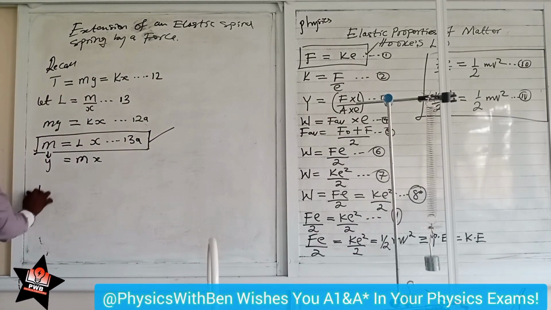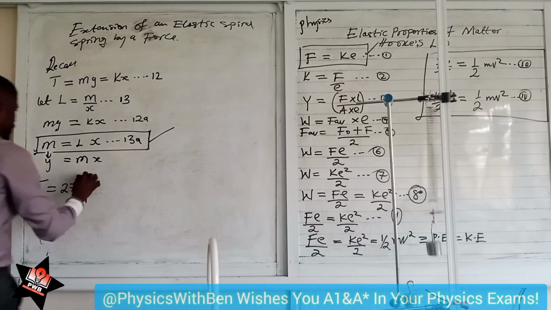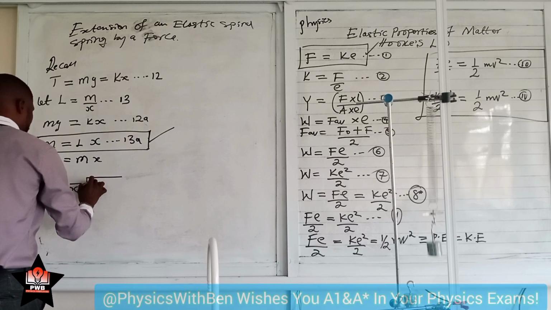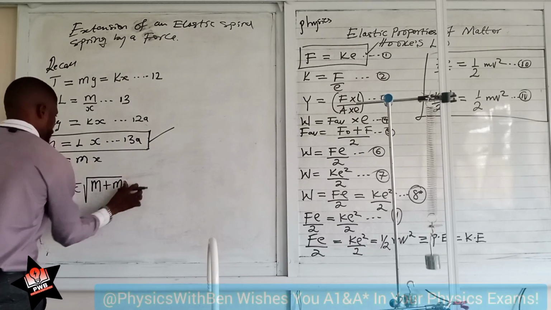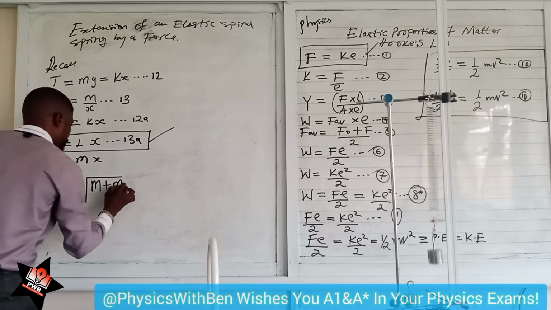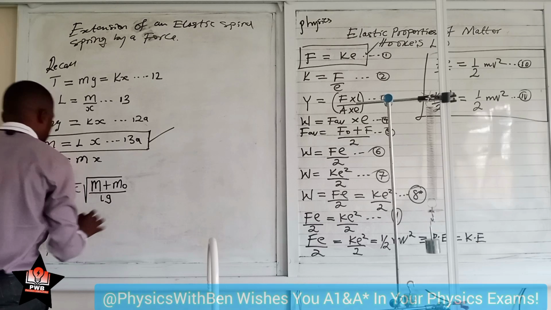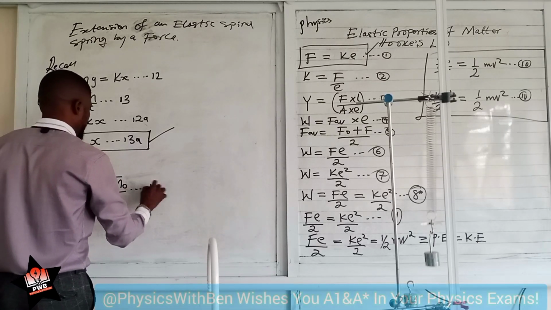From T is equal to 2 pi root of (m plus m naught) all over Lg. We call this our equation number 14.